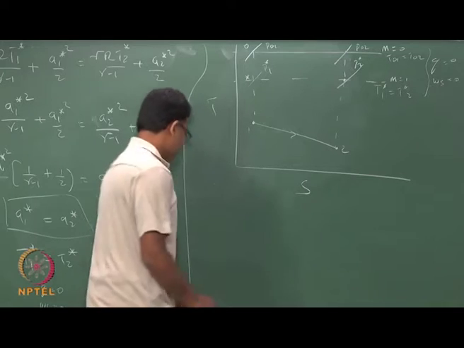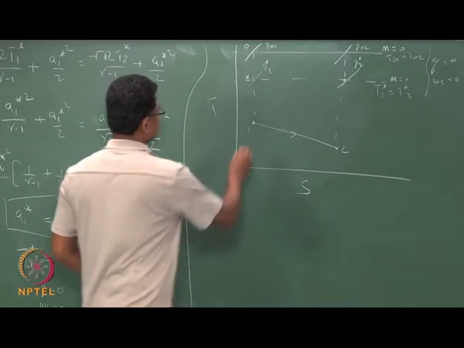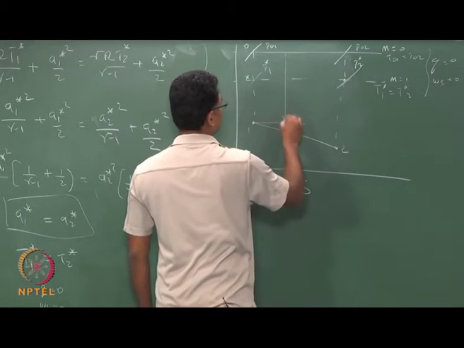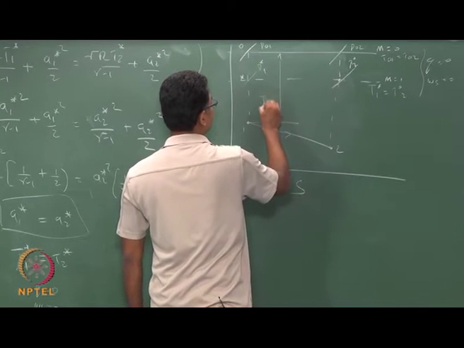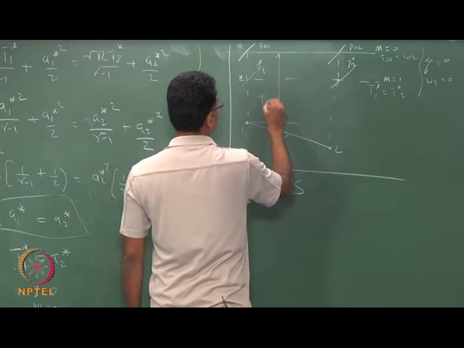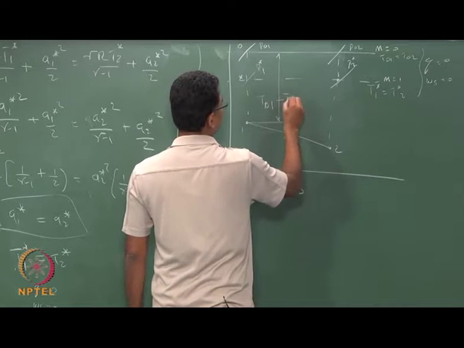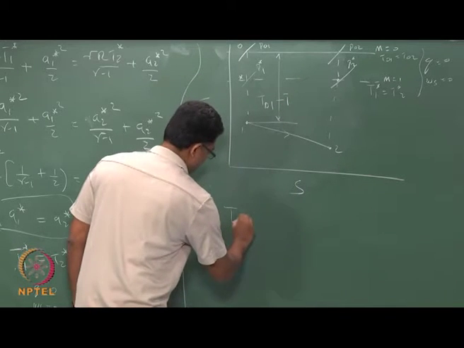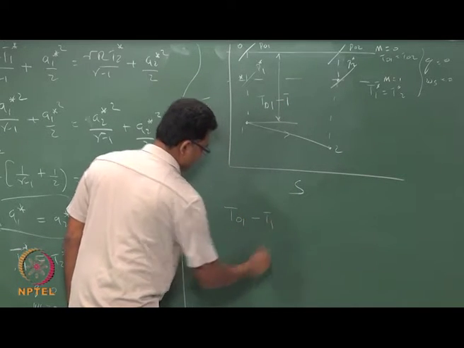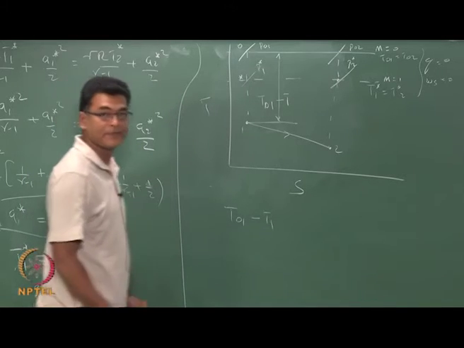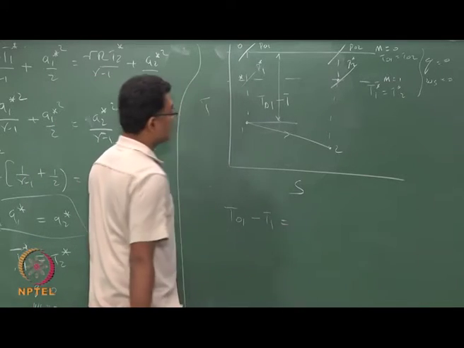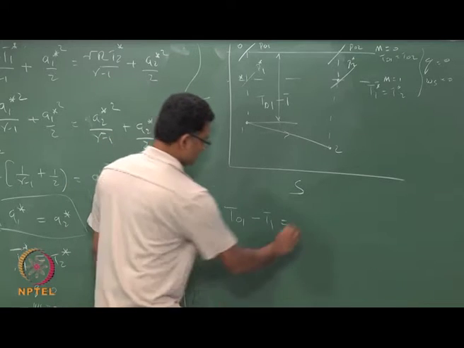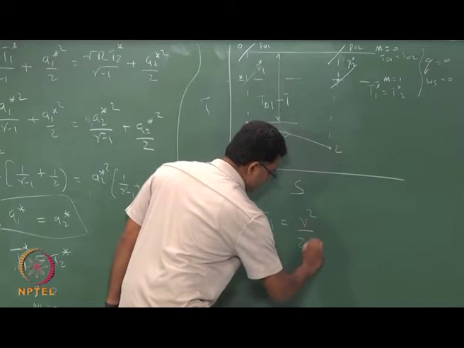We have also seen the difference between the temperatures, T01 minus T1. So, what is T01 minus T1? T01 minus T1 is nothing but V square by 2 Cp.